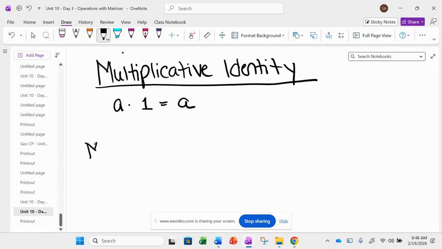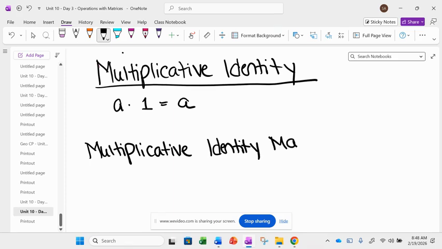So, now we're going to talk about the multiplicative identity matrix for square matrices.